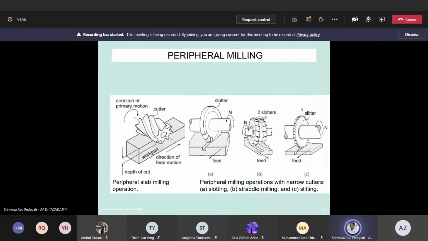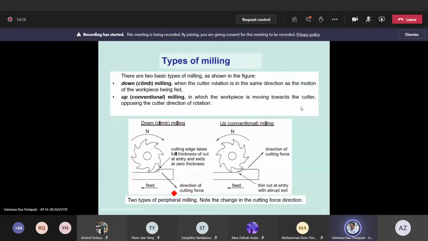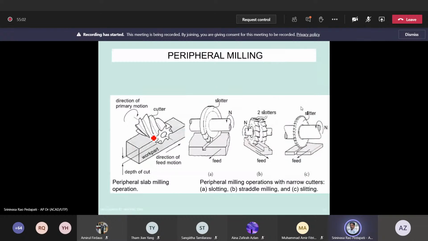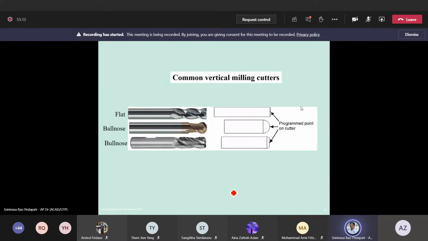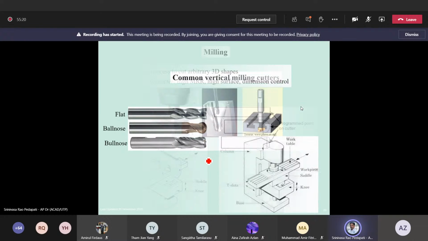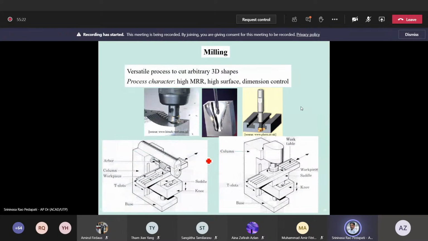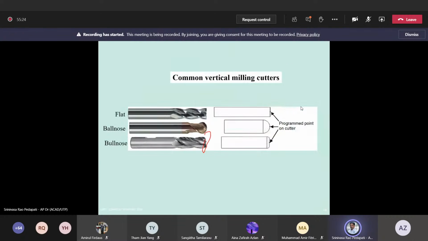In the case of a slab milling cutter, whatever cutter we are showing here, they will not have any teeth on the face. This is the slab milling cutter. This one is also a slab milling cutter because they don't have anything. Whereas here, in the other type, some of the milling cutters have the cutter at the end. They are the actual face milling type cutters.